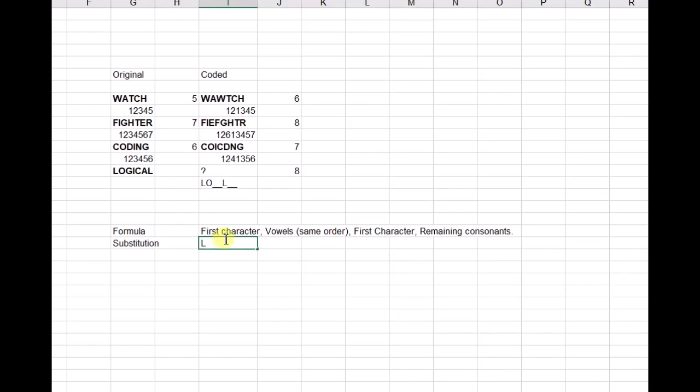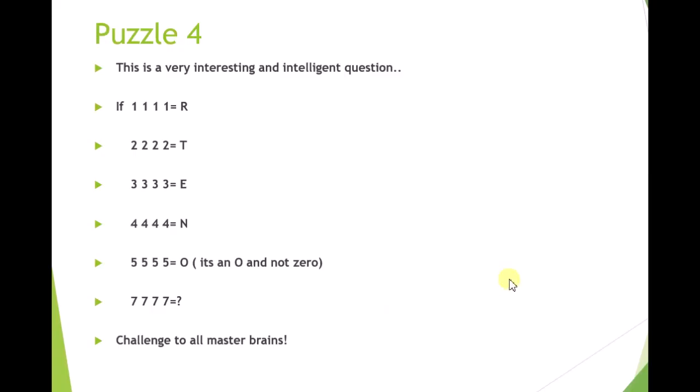Here the first vowel is O, next vowel is I, next vowel is A. And again you repeat the first character, that is L. And now list down the remaining characters, that is G, C and L. So the answer is ready for this puzzle. The answer is LOIALGCL.